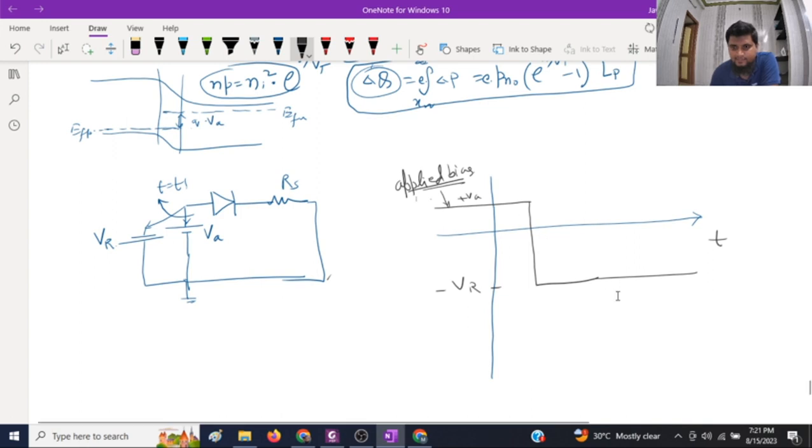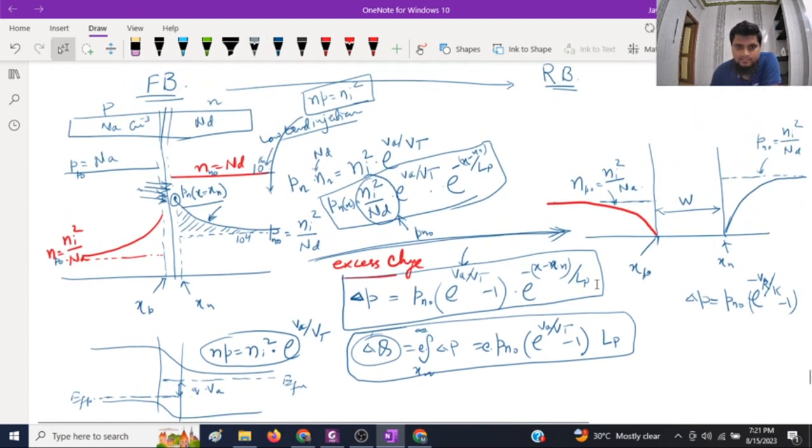Now as you have connected this reverse bias, earlier the current in this circuit was a forward current, IF. Now suddenly, because a reverse bias has been applied, we still have a lot of excess carriers over here, right?